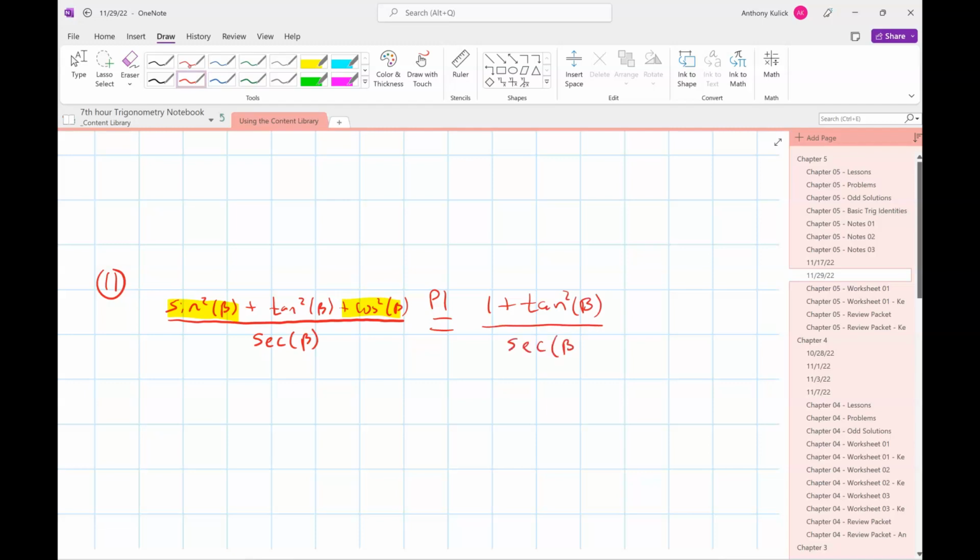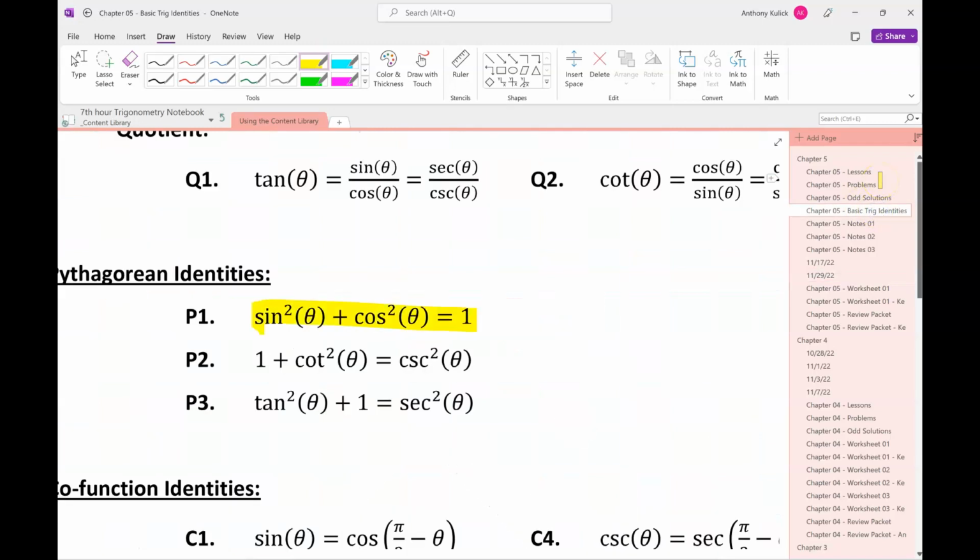Sine squared plus cosine squared is 1. So I just took those two away and replaced them with a 1. Everybody good? Still doing okay? Sine squared plus cosine squared is equal to 1, so I replaced the sine squared and the cosine squared with a 1.